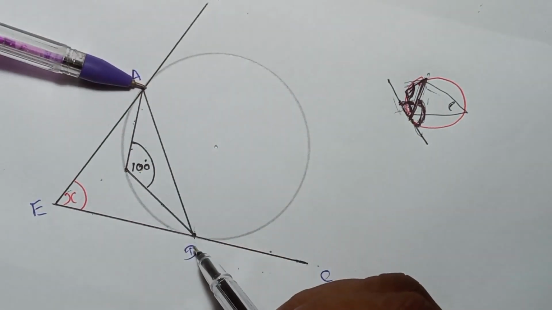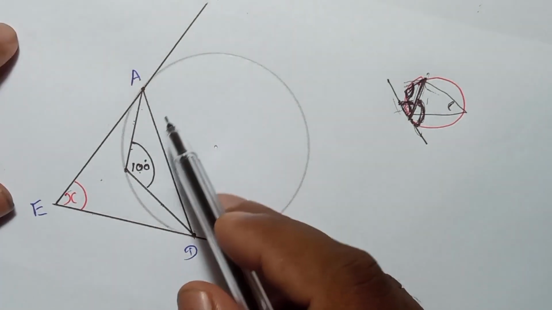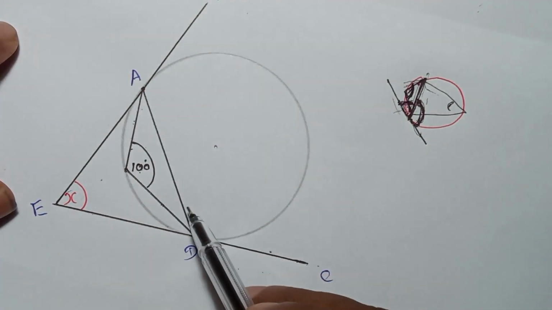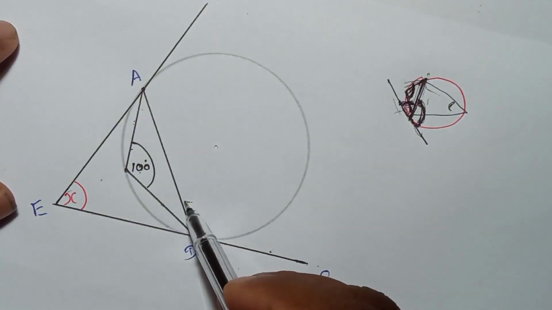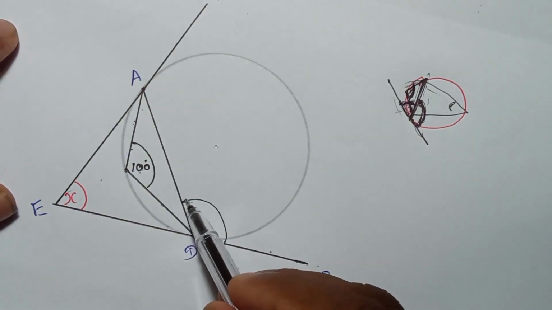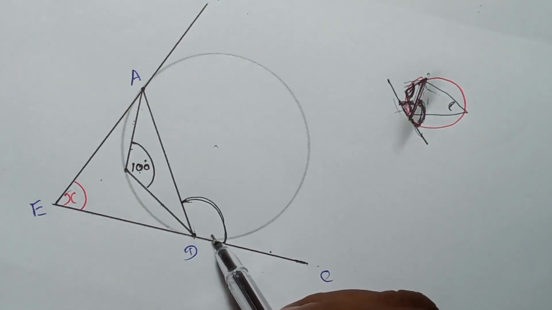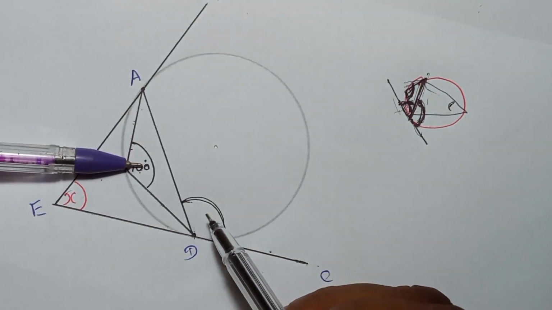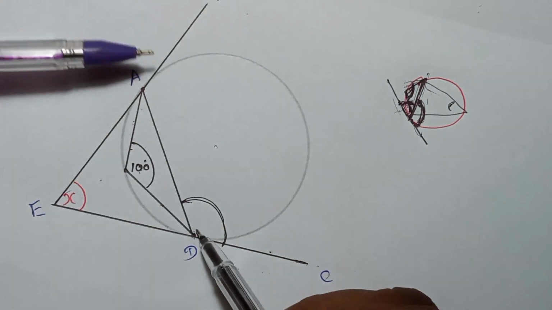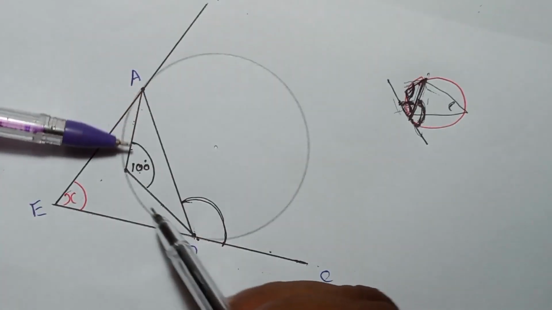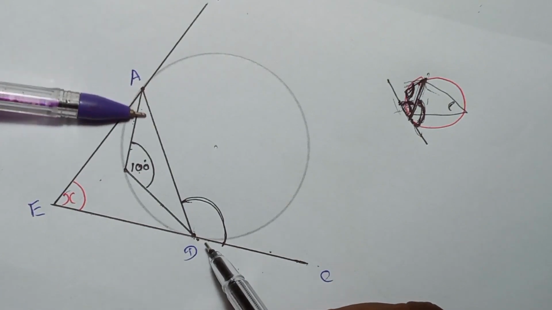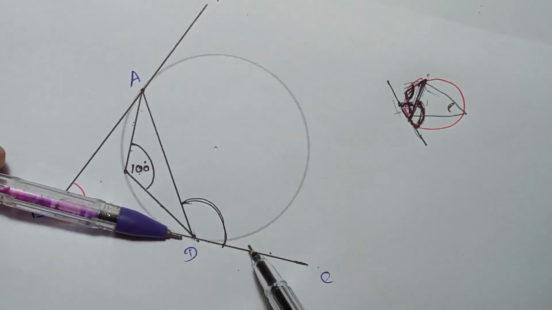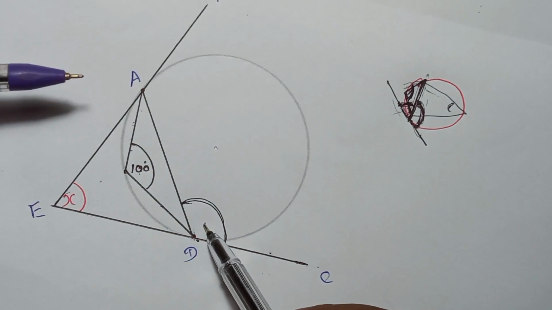This angle will be equal to the angle between this chord and this tangent, that means this angle here. Try to understand that connection, right? This angle will be equal to this angle. This is our chord, this chord subtends the angle 100 here. That angle will be equal to the angle between the chord and the tangent, this one, right?